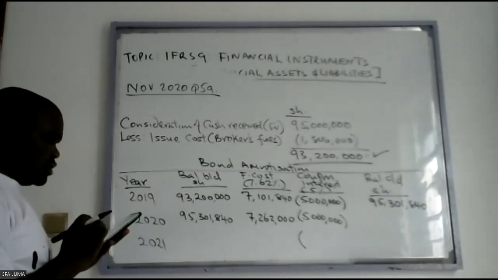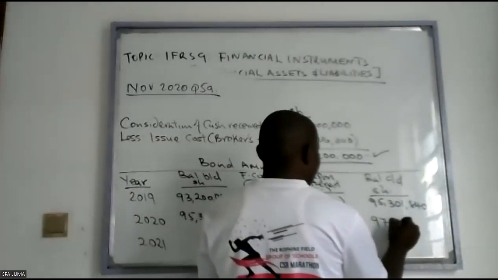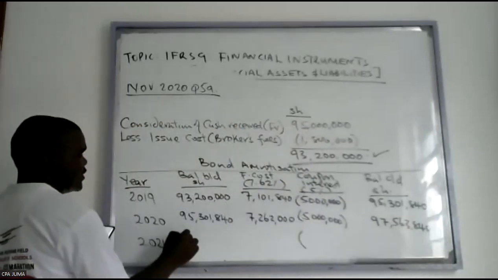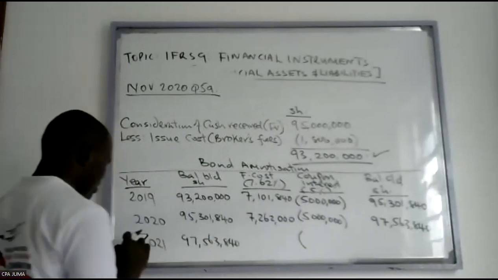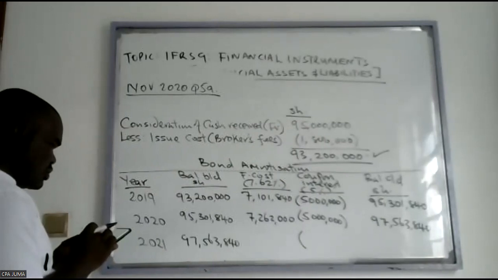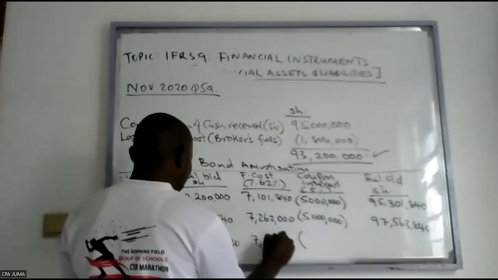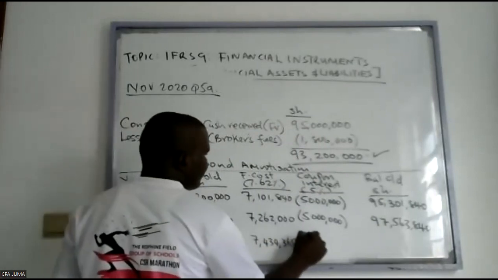Yes, minus 5 million. I'm getting 97,563,840. 97,563,840 by 7.62 gets 7,434,365. Then here will be 5.